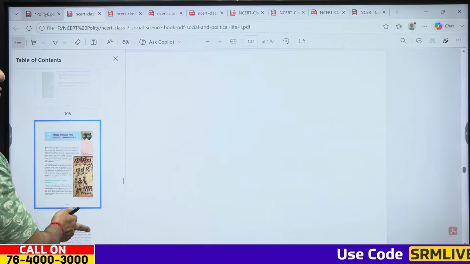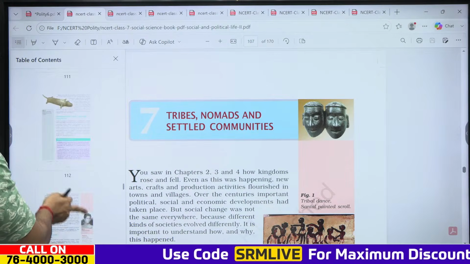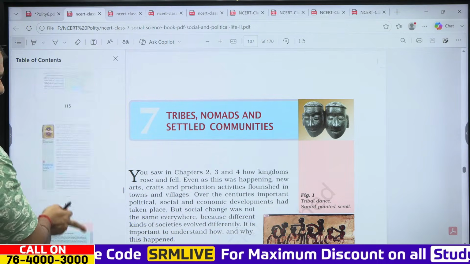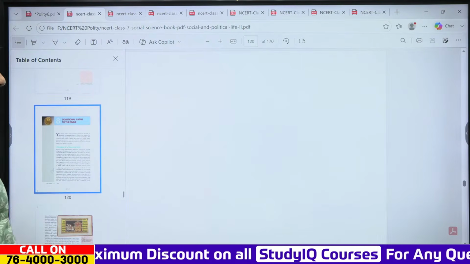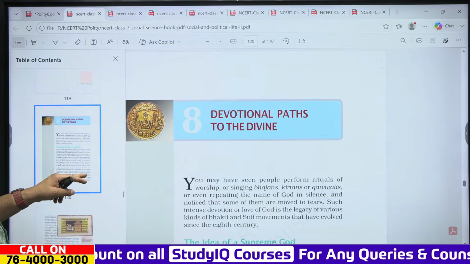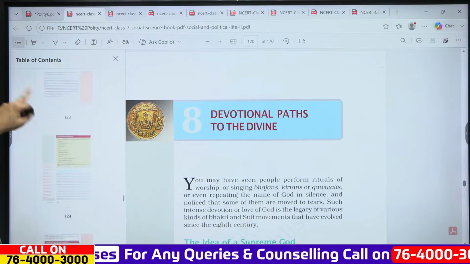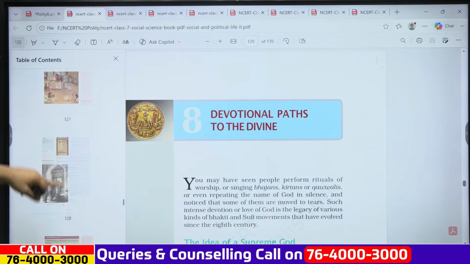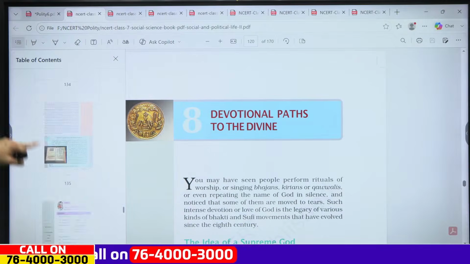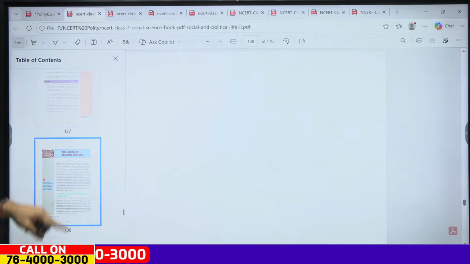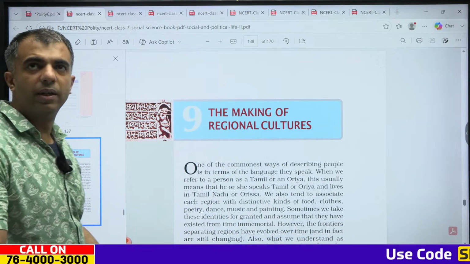Seventh is tribes, nomads, and settled communities, again not to be included as part of polity. Next, the topic about devotional paths and the divine, basically the Sufi and Bhakti ideas that are part of history, is being covered. Next is the making of regional cultures, again part of Indian history.